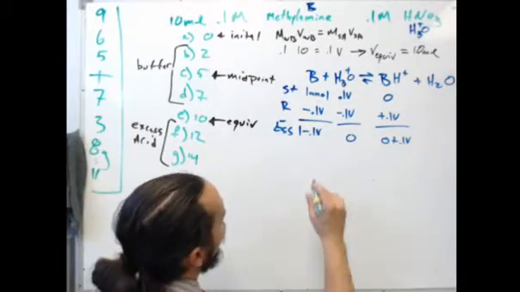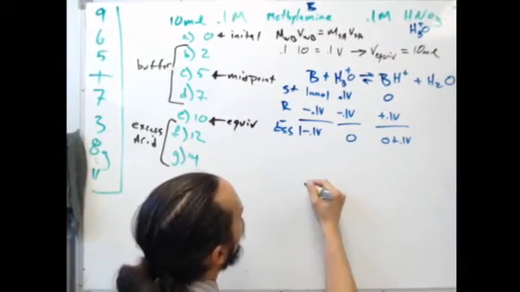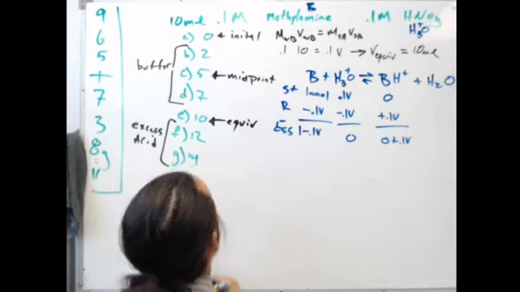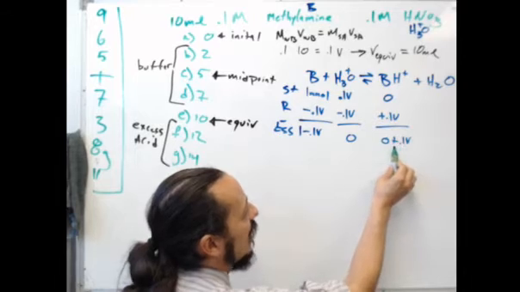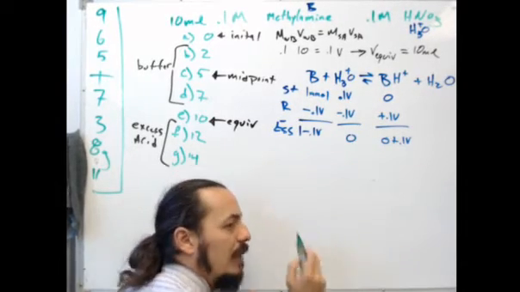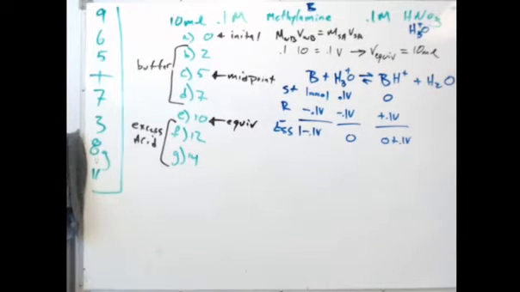Now I'm going to go ahead and set up my ICE table. And for my ICE table, since I've got conjugate acid and weak base, I get to pick which one I look at the equilibrium of, because I've got both present. So both equilibria are happening. I get to choose.